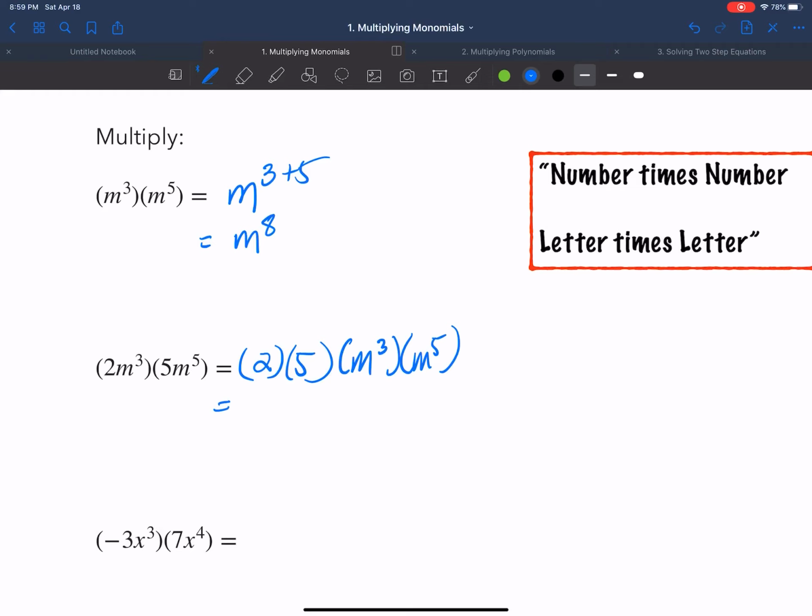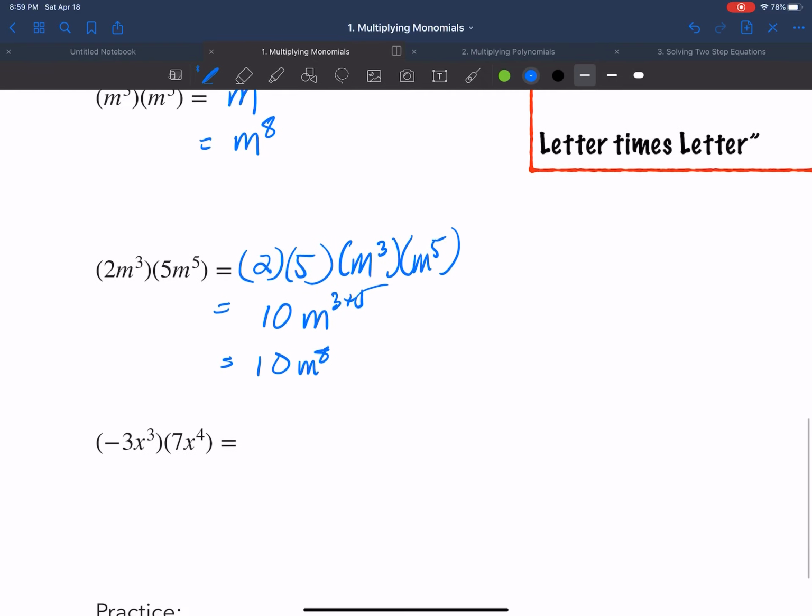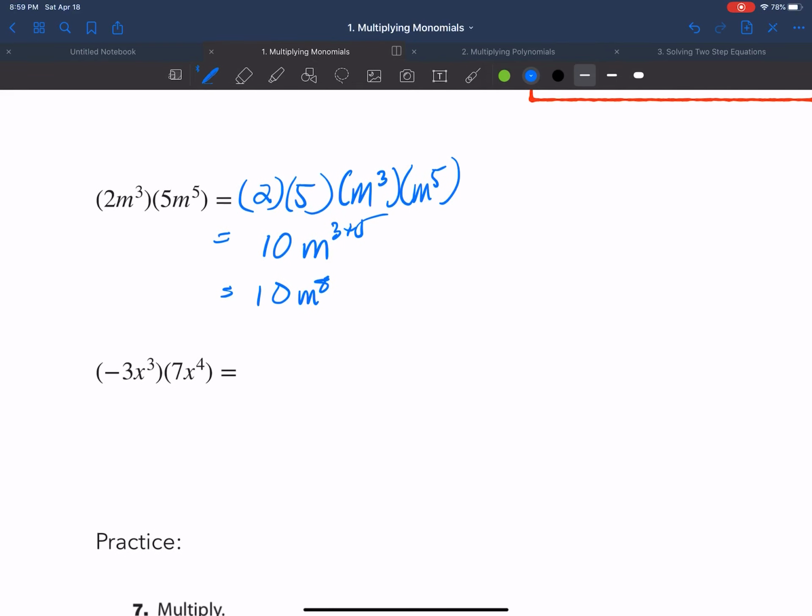But now to answer that, I would then take 2 times 5, just 10, and then multiply m cubed and m to the power 5, which we did up there. M to the power 8. Now we add the exponents. So let's do that a short way. We don't want to do that every single time.